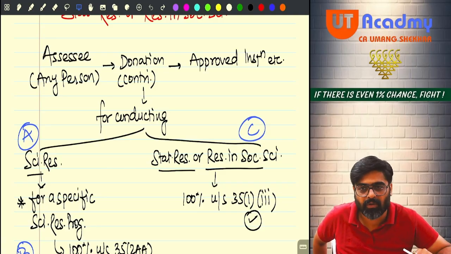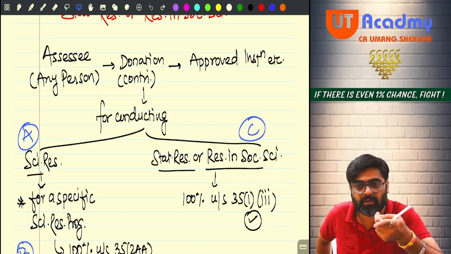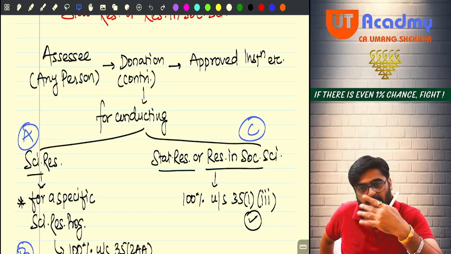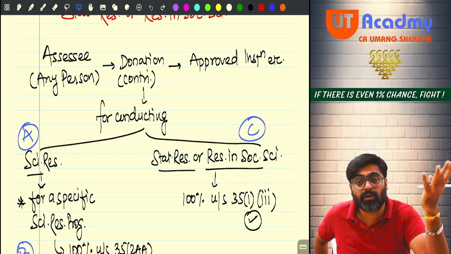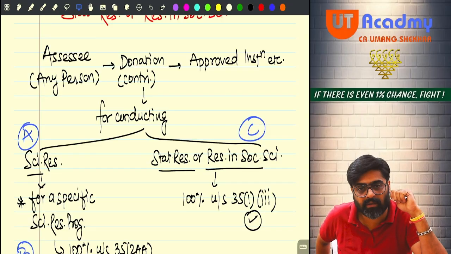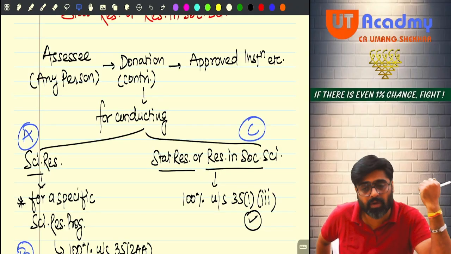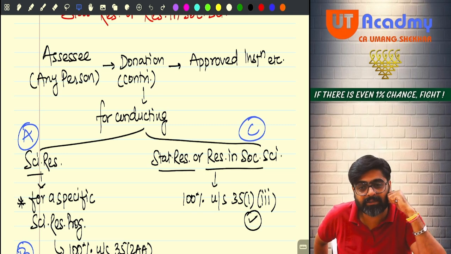So what happened? You gave one donation to an institution. At the time when you gave the donation, at that time the institution was approved. But after you gave the donation, something might have happened. That institute might not have fulfilled a specific condition. So the government withdraws the approval given to that institution.